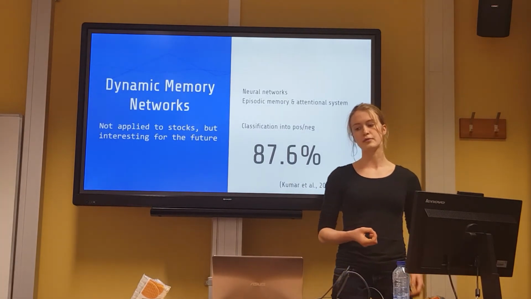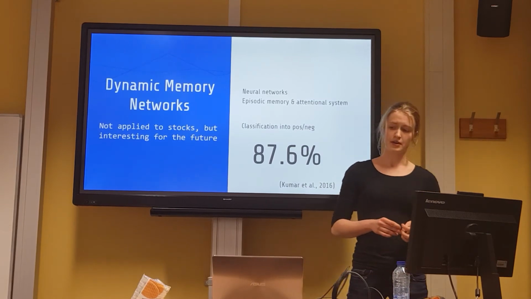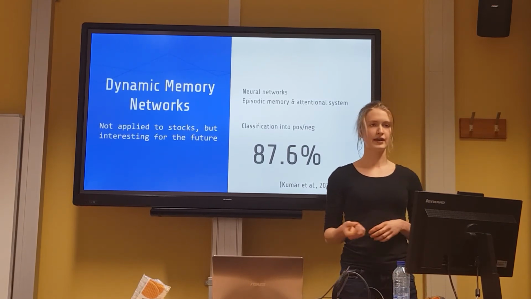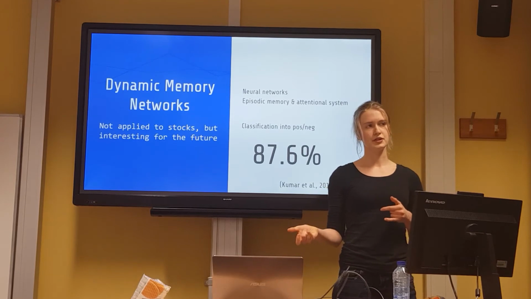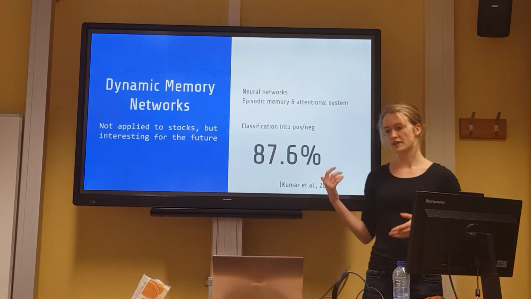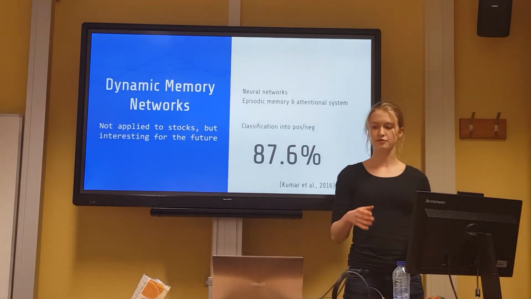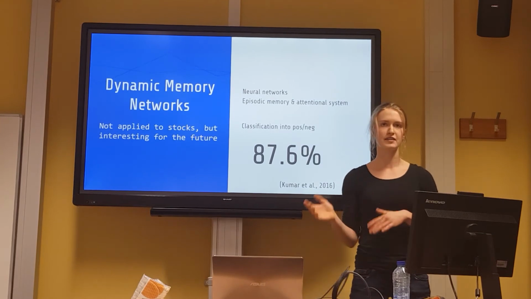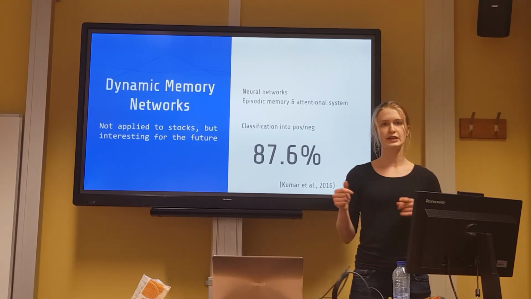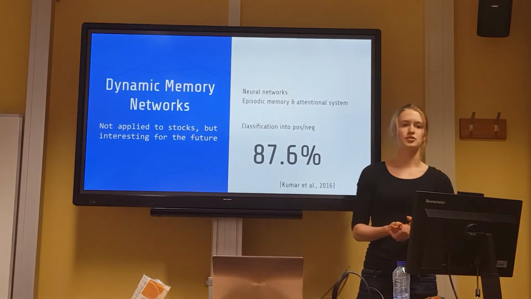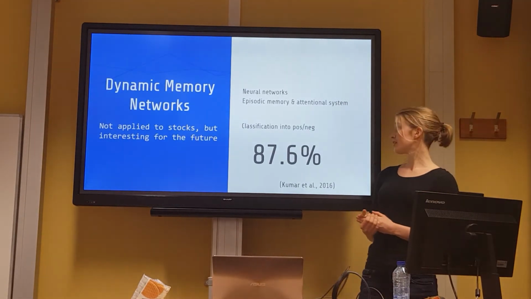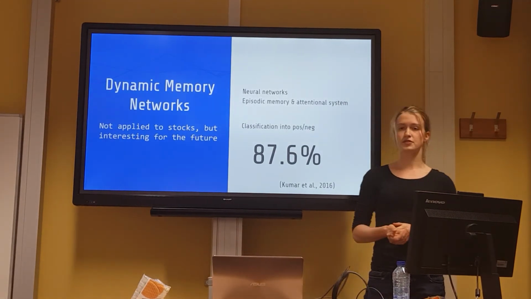Namely, it has an episodic memory and an attentional system. Using those features, it is able to classify words into positive or negative categories really well, as a matter of fact, with an accuracy of 87.6%.